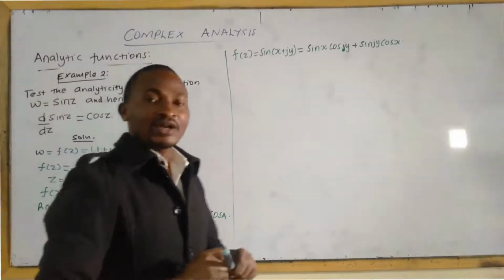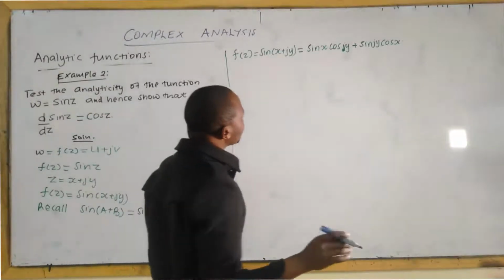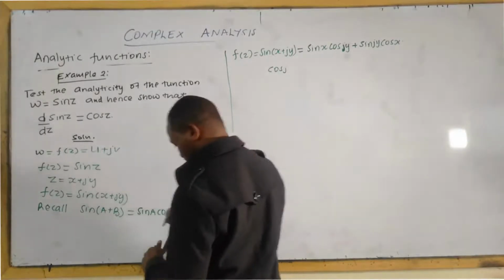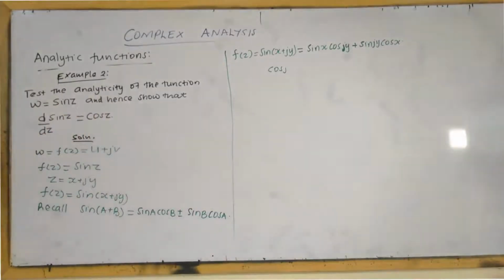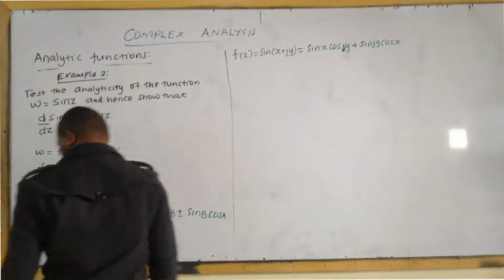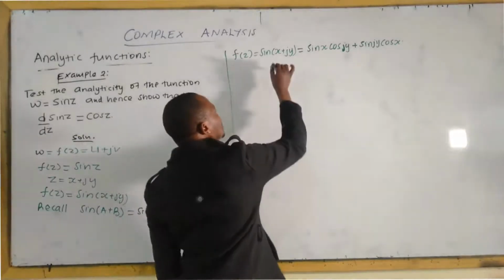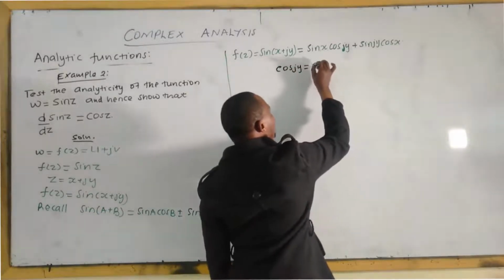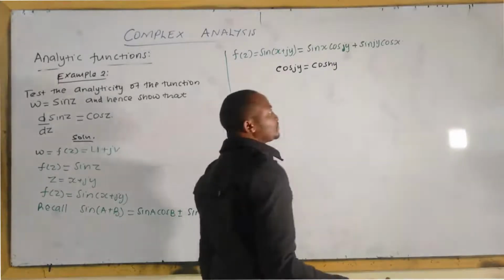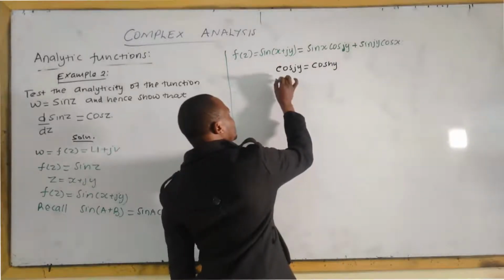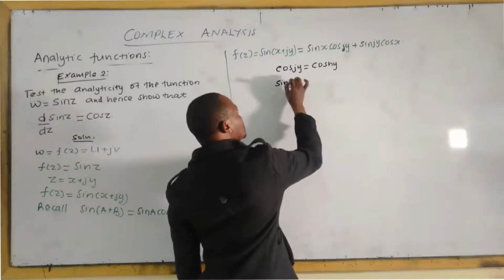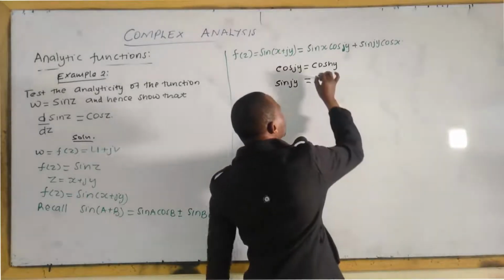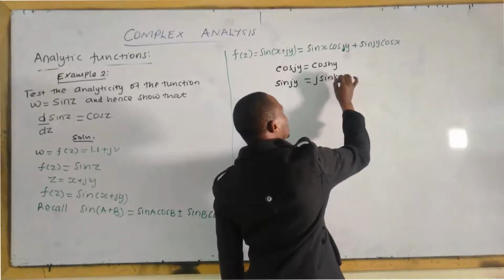Again, because of your first year work on hyperbolic functions, you must have been told cosine of jy is equal to the hyperbolic cosine, cosh y, and sine of jy is equal to the hyperbolic sine, that is j sinh y.